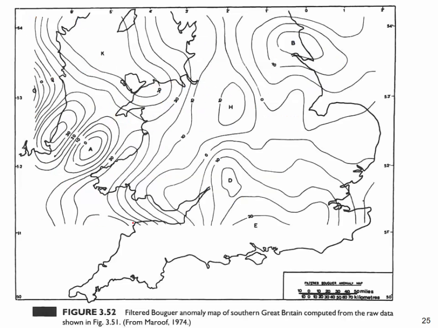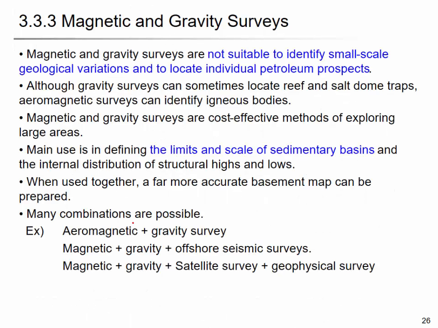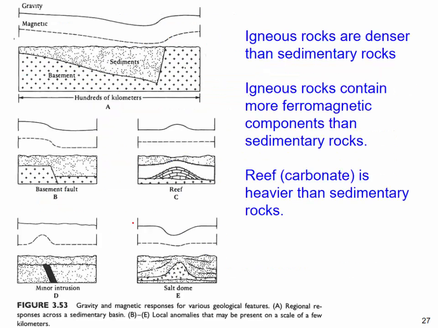Okay, we'll have to go a little fast. So when we compare the magnetic survey and the gravity survey, the main use is in defining the limits and scale of the sedimentary basin. Here is the example. If you have a basement, the basement is made of igneous rock.